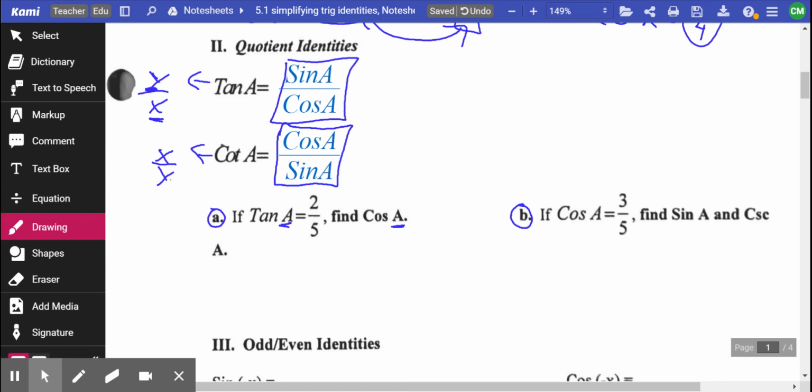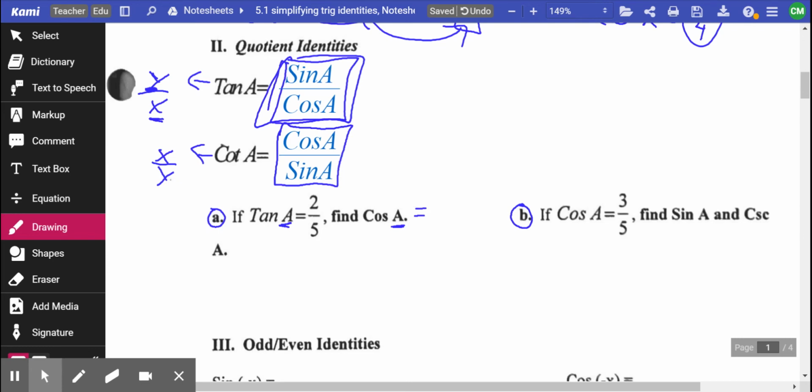So in order to do this, now I don't have any identities yet. The reciprocal identity I can't use. For cosine of A, this is where you have to draw the triangle. But actually, even before I do that, I'll show you a common mistake. Some students will look at this and say, oh, this is easy.